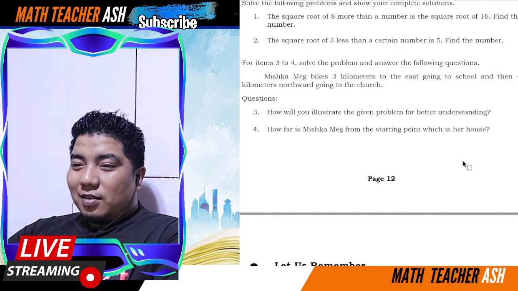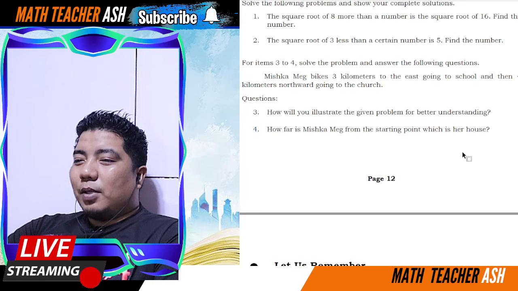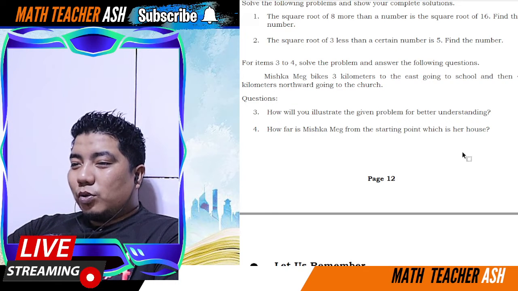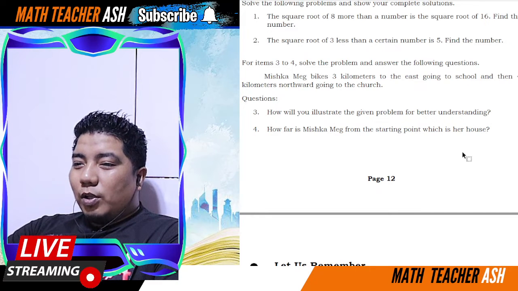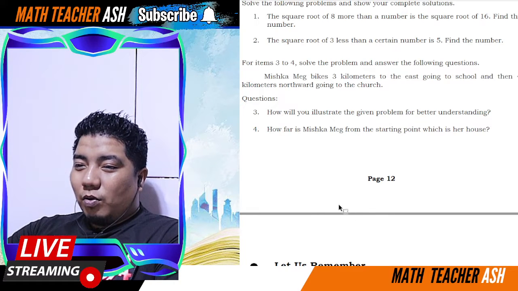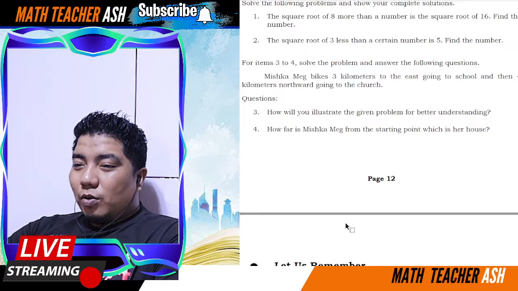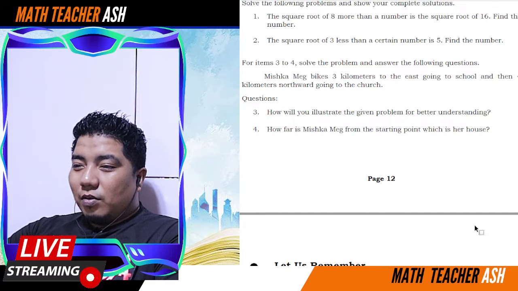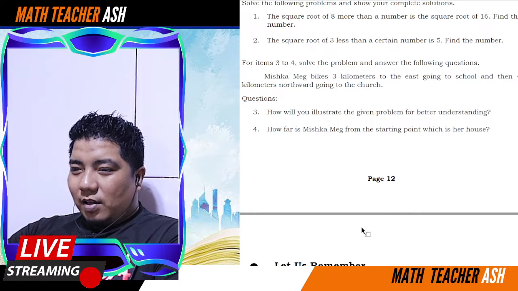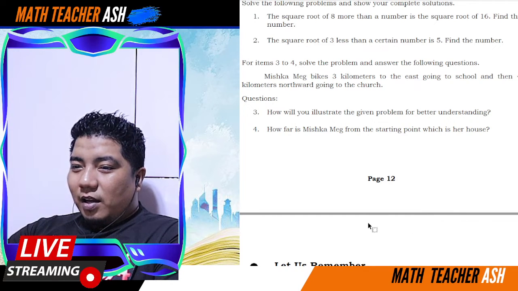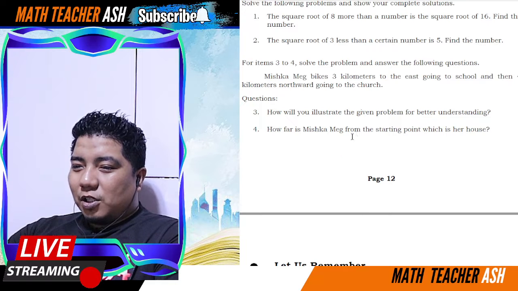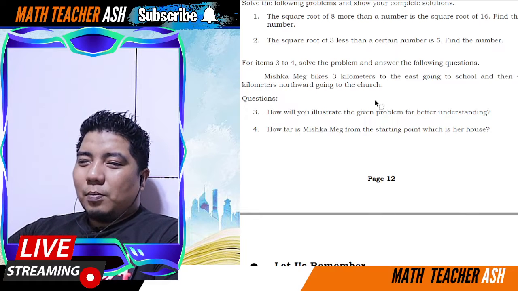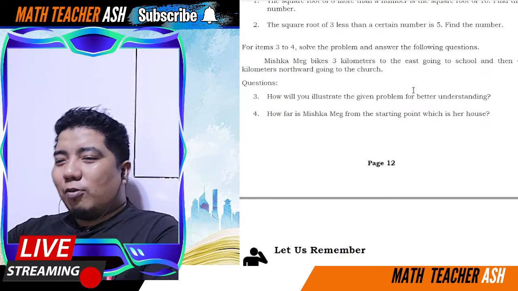Alright. Solve the problem. Mishka Meg bikes 3 kilometers to the east going to school and 4 kilometers north going to the church. How will you illustrate the given problem for better understanding? So, draw a house, maybe the origin is Mika's. So 3 kilometers going here, that's 3. And then going this way, 4 kilometers, that's the church. So from where she stands, 3 kilometers this way, then 4 kilometers upward. It's that easy.